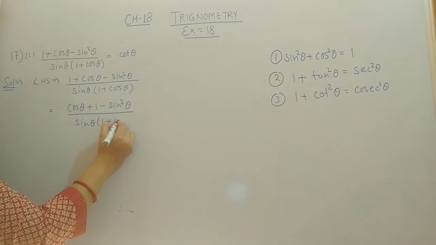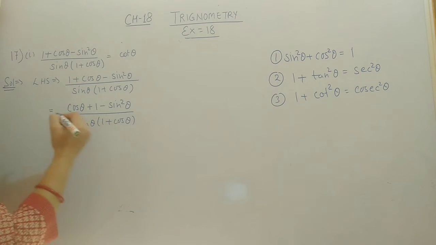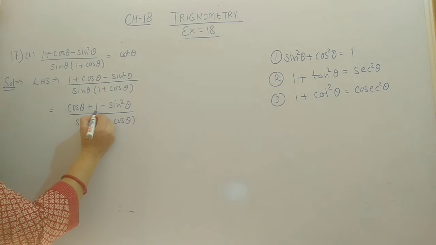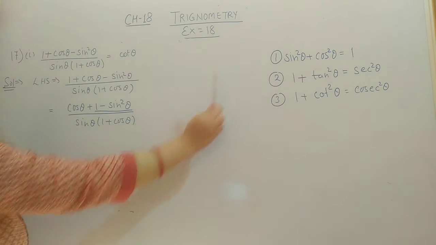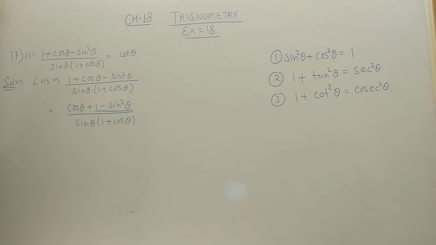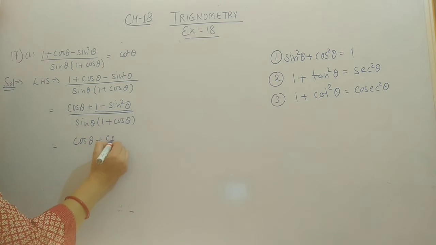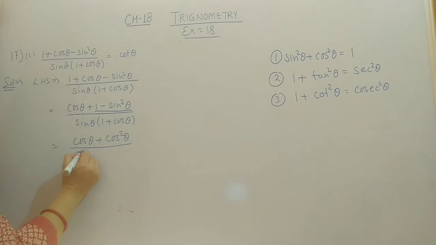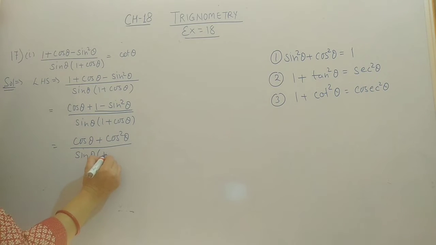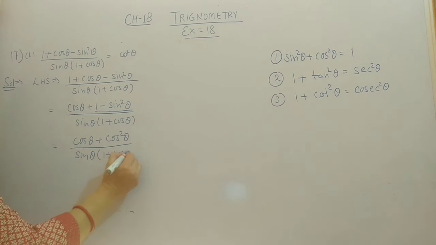(1 + cos θ). Now you can see this 1 minus sin²θ, with the help of the first identity, we can write as cos²θ. So cos θ plus cos²θ divided by sin θ (1 + cos θ).